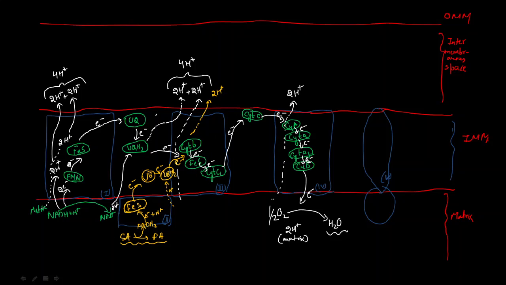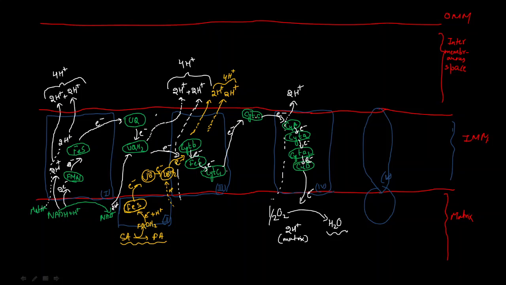Since this electron is now part of the third complex, it is going to feel that negative vibe and will pull some protons from the matrix, and when it gives these electrons to cytochrome C, it will no longer require those protons, and ultimately they will be released towards the intermembranous space. So again here 4 protons are getting released.